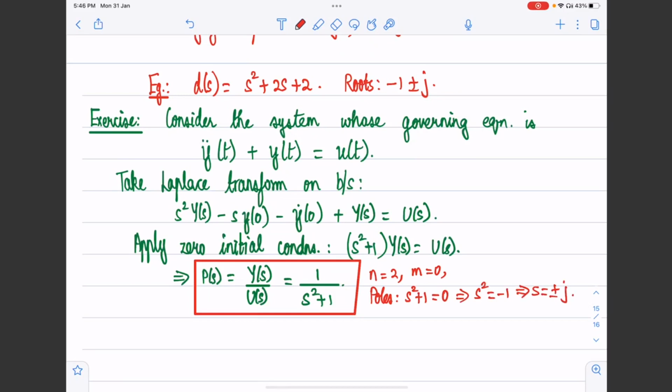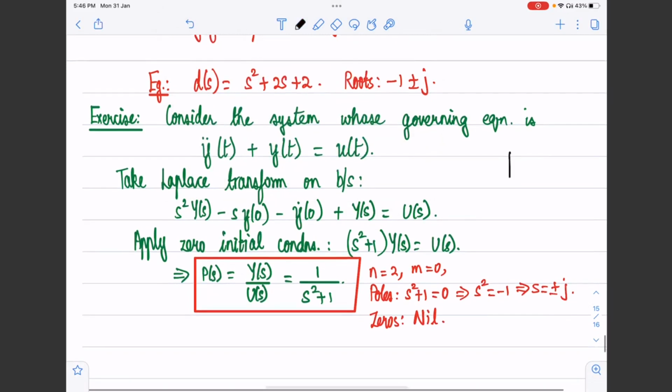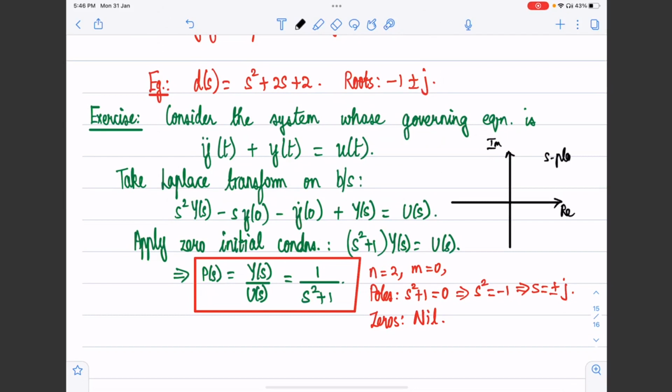We have poles on the imaginary axis, non-repeating: one pole at plus j and one pole at minus j. In this example also there are no zeros. Essentially, let's draw the s plane. What we are going to have is the following.